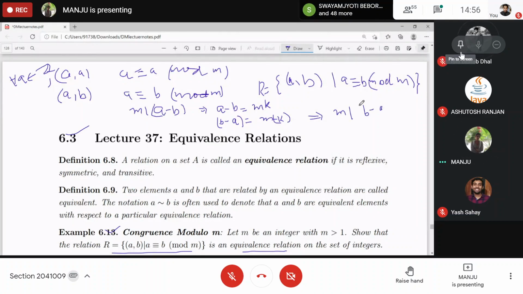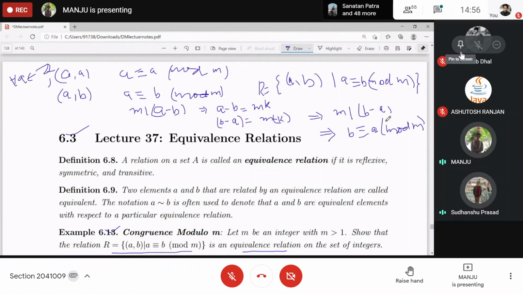Yes. So by congruence modulo M, you can just say B and A are congruent. Or you can directly write from here to here. This is inbuilt. Clear?